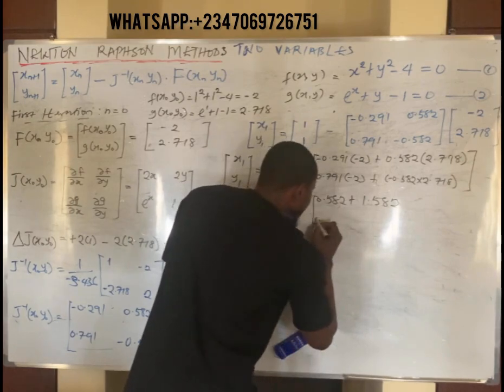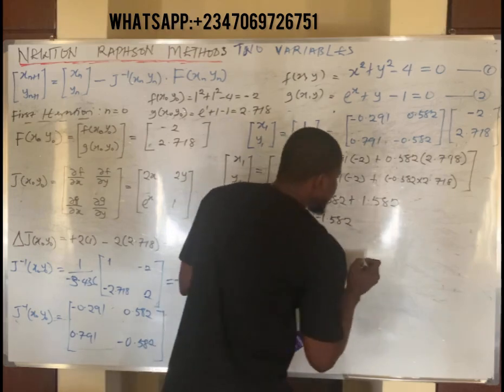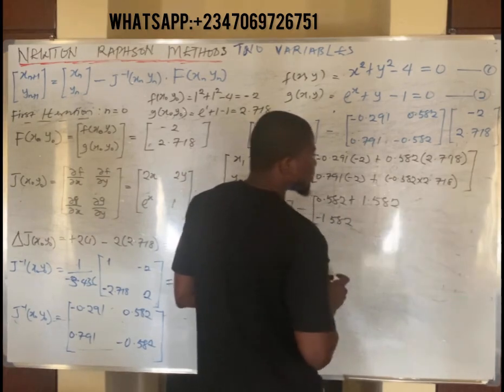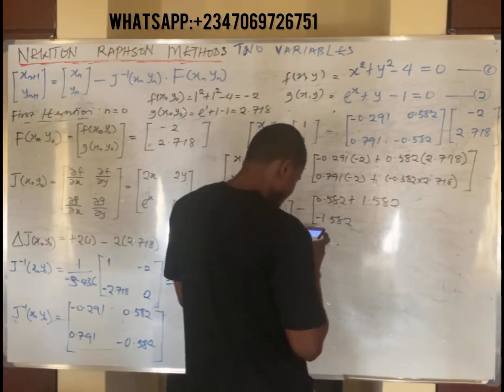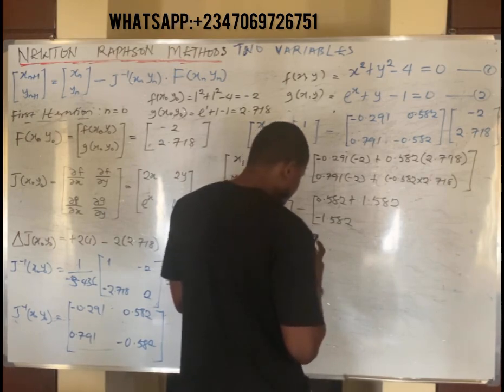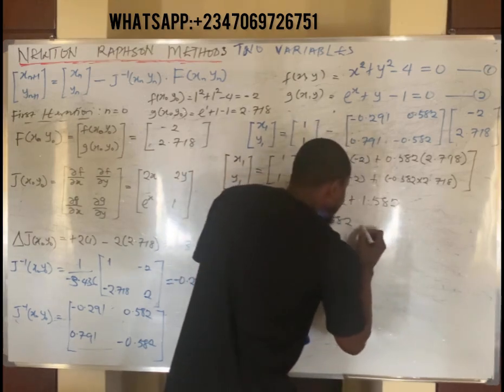Okay. Then I have negative 0.582 multiplies 2.718. That gives us negative 1.582.